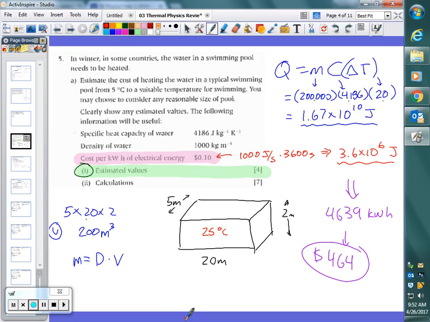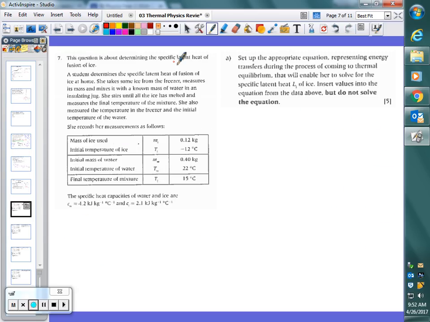When we have an object changing phases, the amount of heat it gains or loses is different. So when we talk about specific latent heat of fusion, that's the amount of energy it takes to take a solid and turn it into a liquid, or take a liquid and turn it into a solid, depending on whether we're gaining or losing that energy, right?